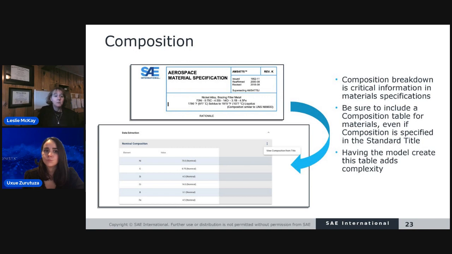We really feel it's a best practice for materials to always have their composition broken out explicitly in a table and have it be very clear, so the model interprets each one of these materials the same way. If it has to break out some using information listed in the title and others in the table, it can just introduce opportunities for misinterpretation of the data. So having those composition tables clearly laid out is important.